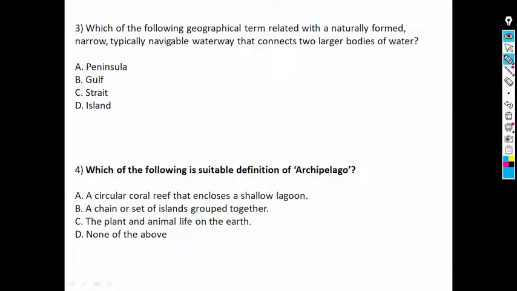Next, which of the following geographical terms is related with a naturally formed, narrow, typically navigable waterway that connects two larger bodies of water? Peninsula, Gulf, Strait and Island.